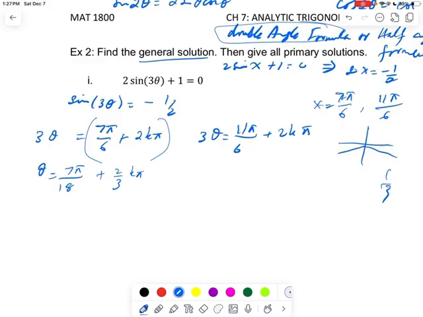And from here I'll get theta equals 11 pi over 18 plus 2 over 3 k pi. So this is our general solution.